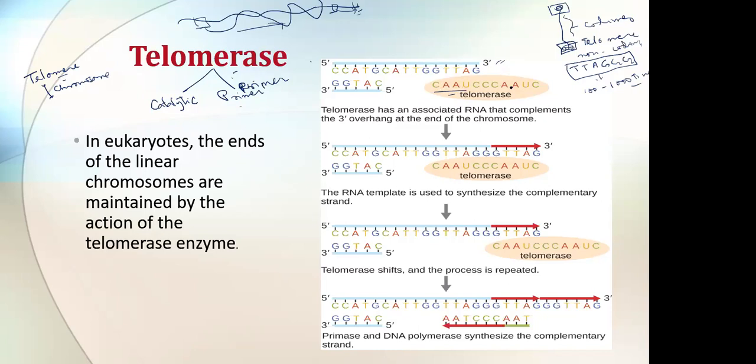So it provides that complementary part, and it has another function, the catalytic one. Then it adds the rest of the DNA. So that's how this telomerase enzyme tries to rebuild the lost portion.